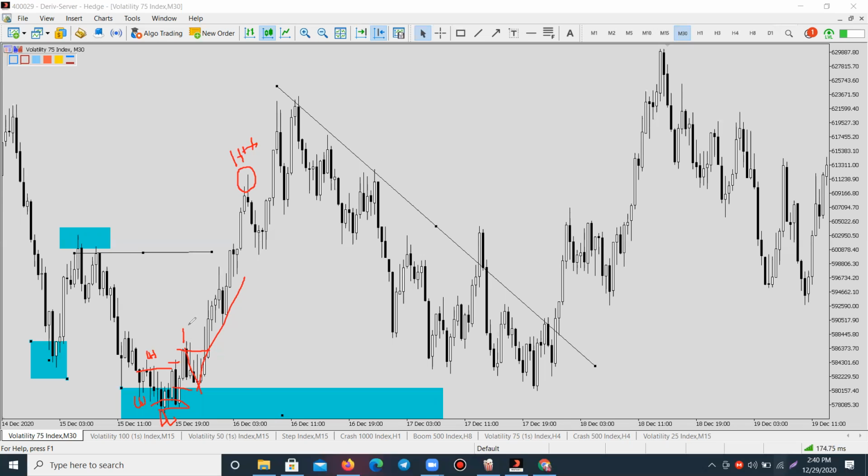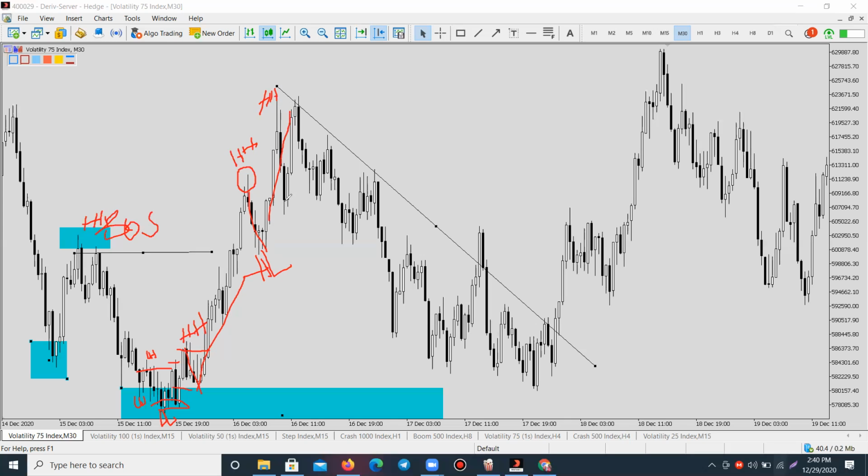We have another high where the market never returned to test. The market breaks H1 structure. This is H1 BOS. The market returns, gives us the higher low. The market pushes to the upside, gives us another higher high.